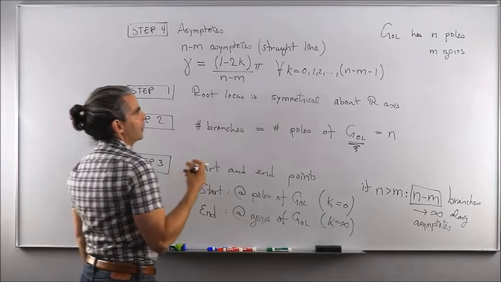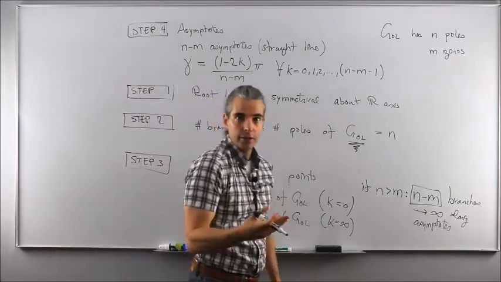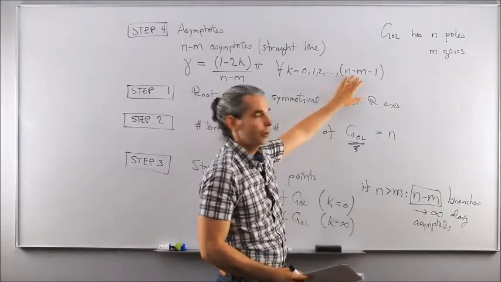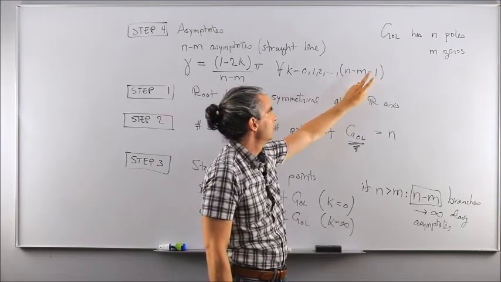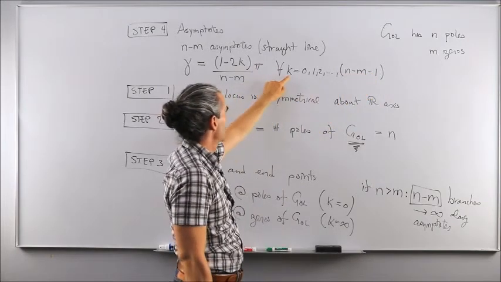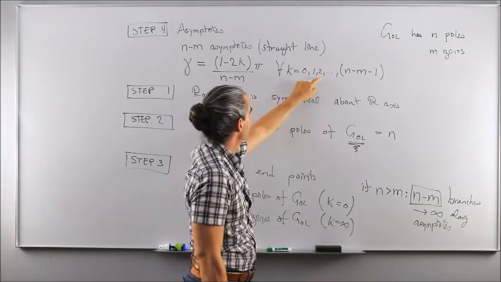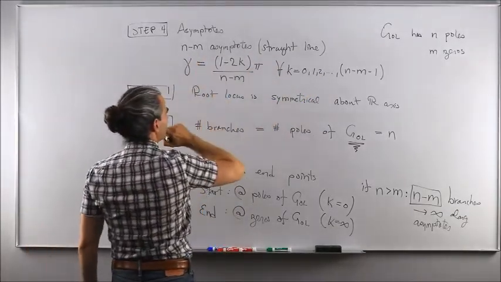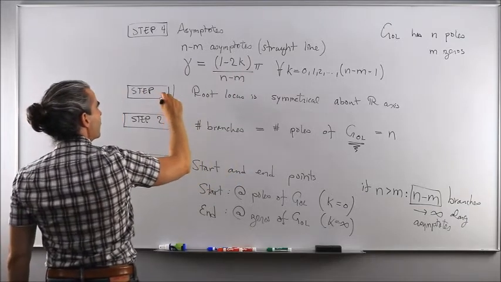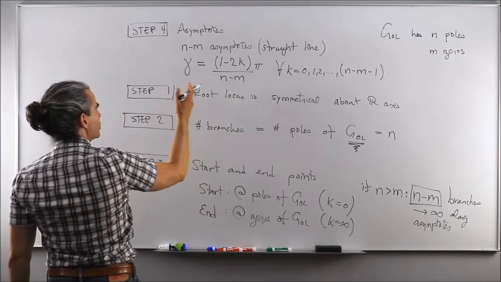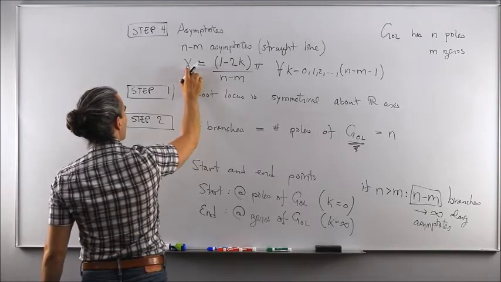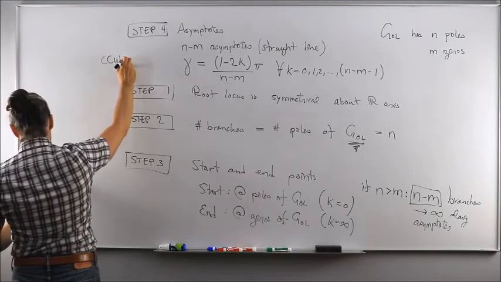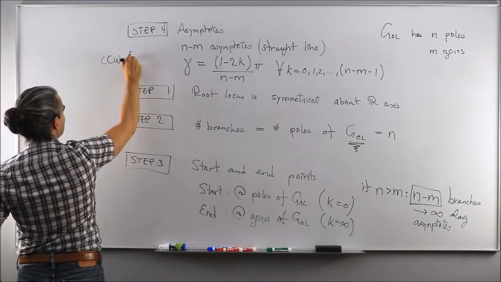If we had 3 poles in excess of the number of zeros, n minus m would be 3, so you'd do the calculation for k equal to 0, 1, 2 to figure out the orientation of the 3 asymptotes. Now, what is the reference from which you measure this orientation? This is measured counterclockwise with respect to the real axis.